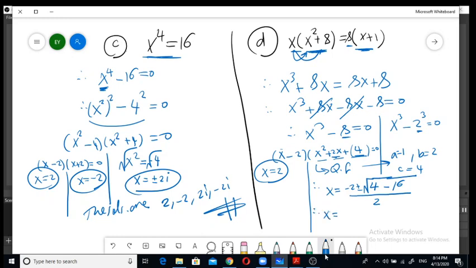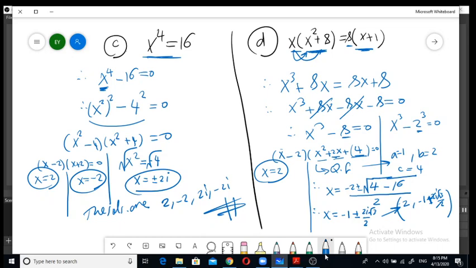Then x is equal to negative 2 over 2, negative 1, plus or minus the square root of negative 12 over 2, which is 2i square root of 3 over 2. Then the solutions are 2 and negative 1 plus 2i square root of 3 over 2.